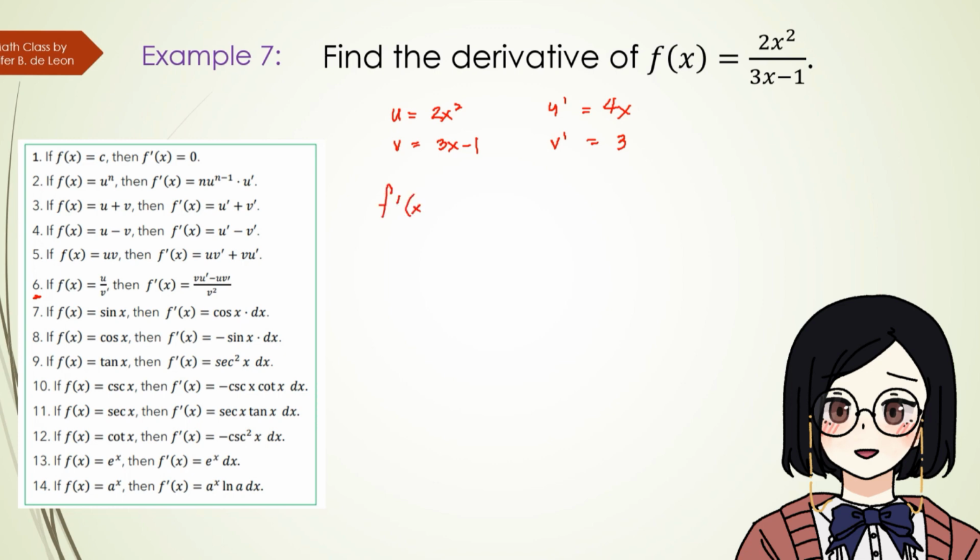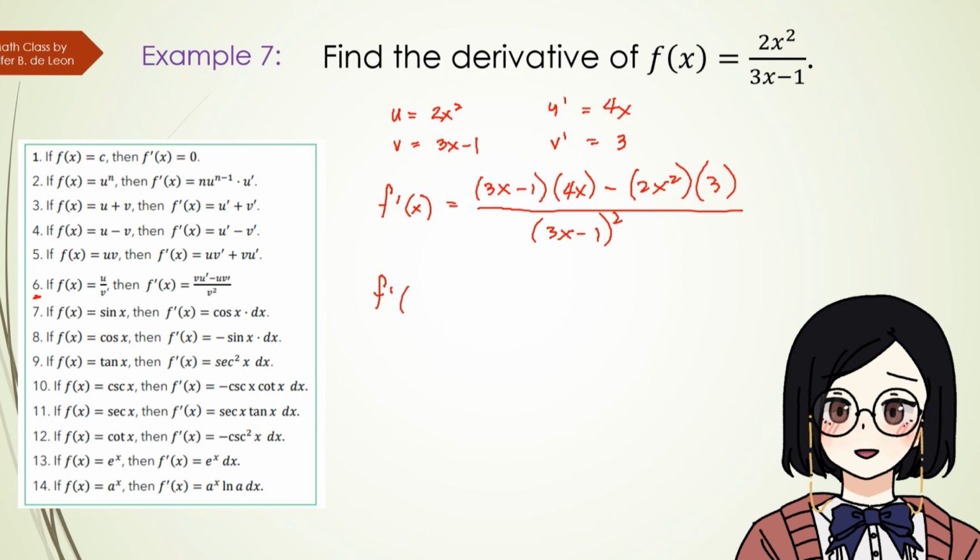Now applying the rule, we will have vu prime. So that means we have to multiply 3x minus 1 times 4x minus u, that is 2x squared, times v prime, that is 3, all over 3x minus 1 raised to the second power.